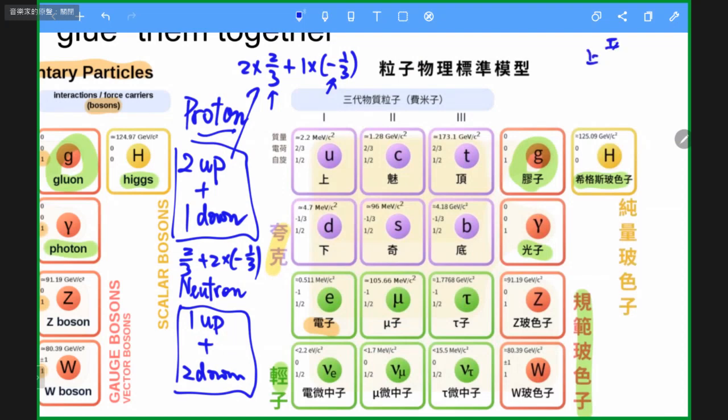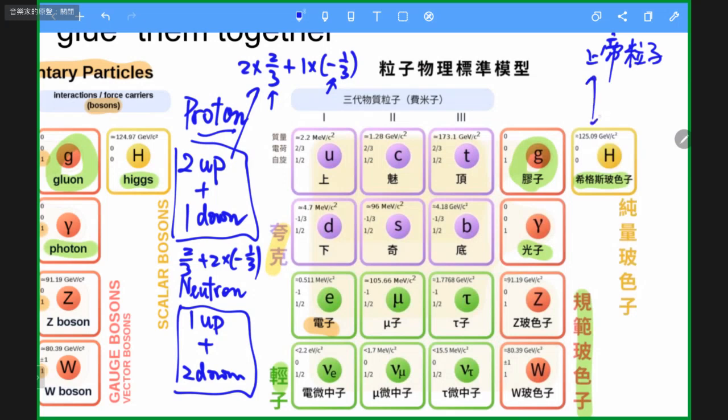If you read some science news about the very advanced physics from several years ago, the physicists have found the Higgs boson.